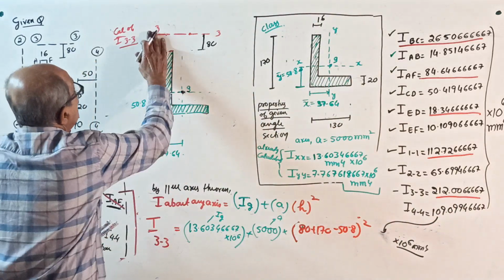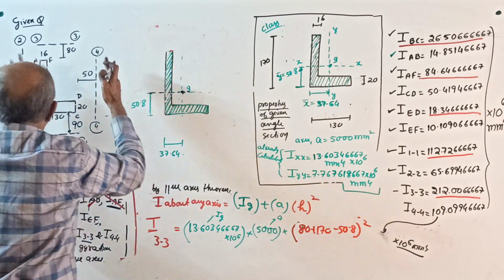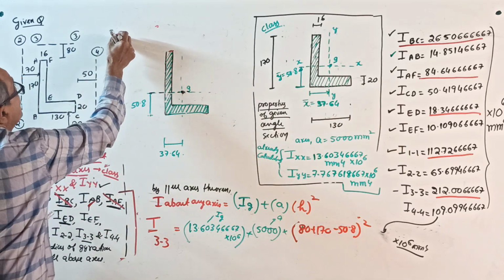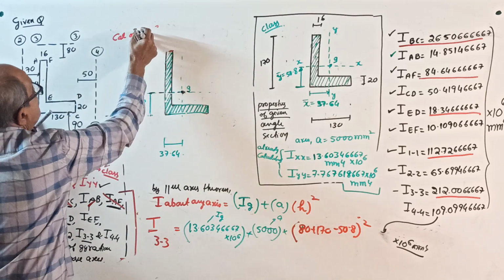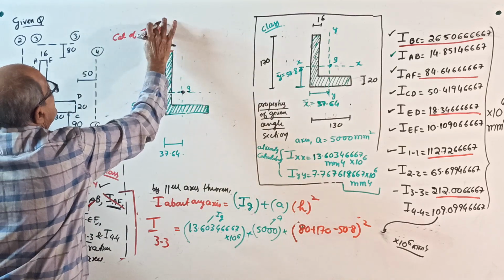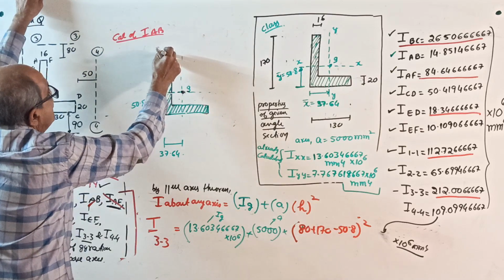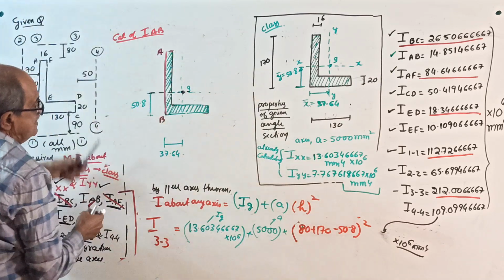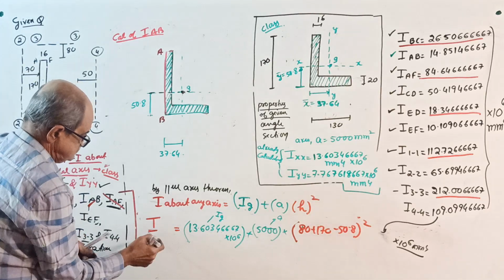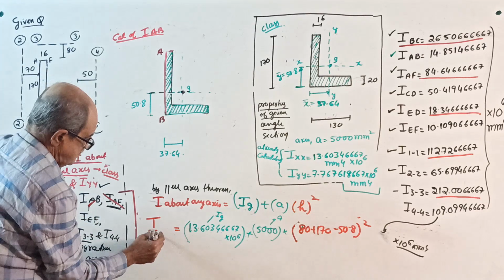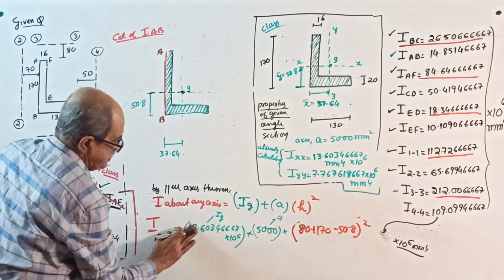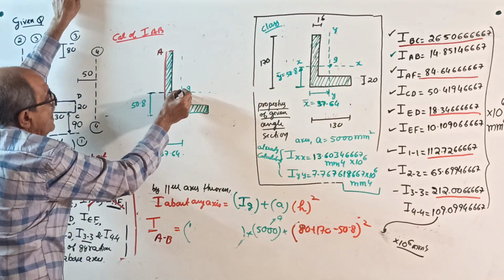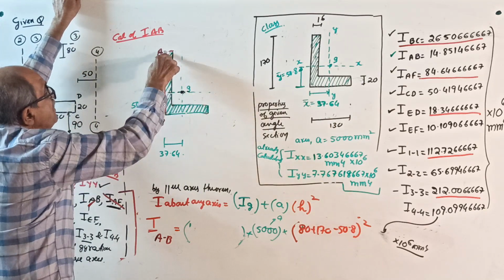Now all horizontal axes are over. Now I will go for vertical axes. You should write each and every one separately. Calculation of I about AB. Your AB is here, see, this is your AB. Start. IAB. If you want I about AB, first I about an axis passing through the centroid and parallel to AB.